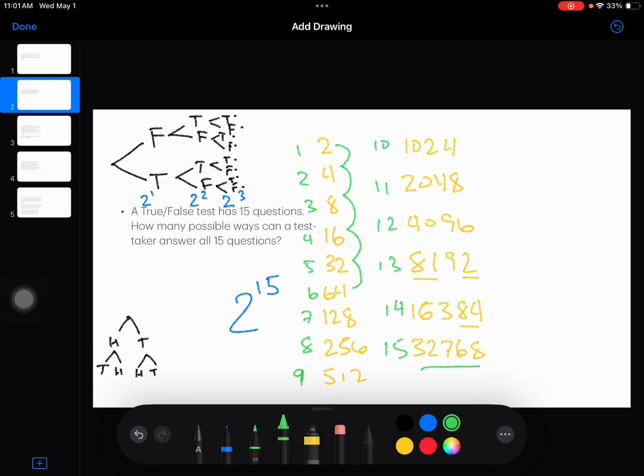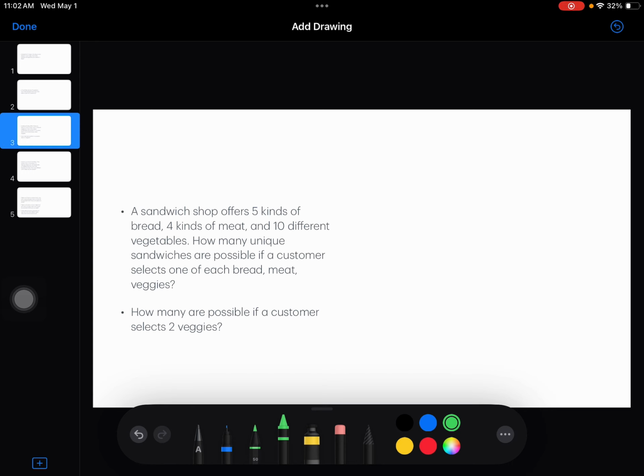In only 15 questions, there are so many possible ways that students could answer, which is kind of how teachers guess if students have copied off one another, because the number of combinations of potential answers on a multiple choice test are just so great that it's very unlikely that students would answer in the same way over many questions.